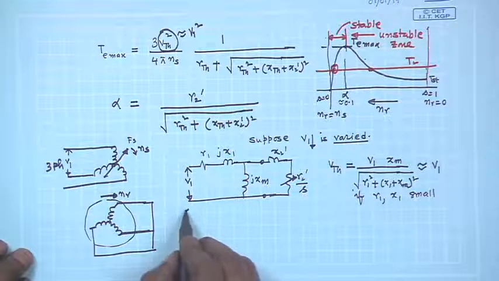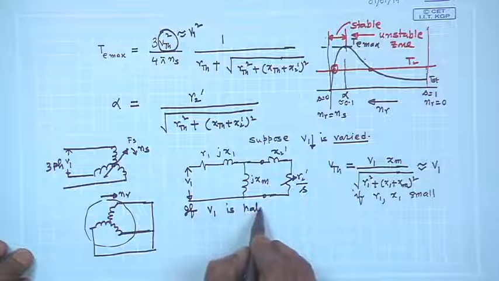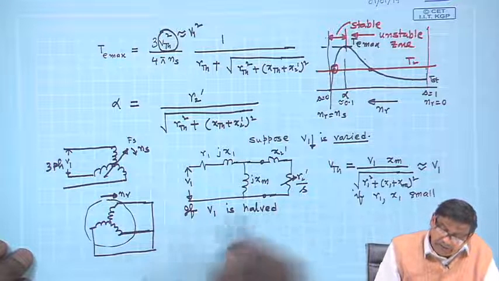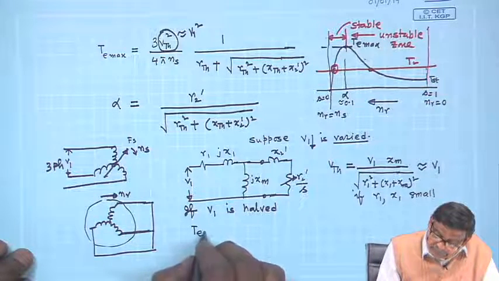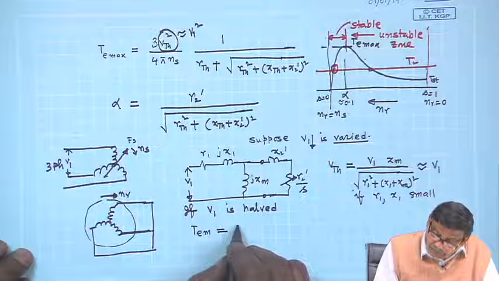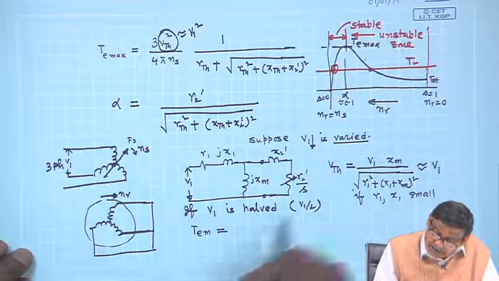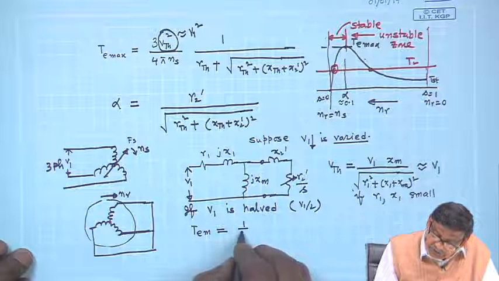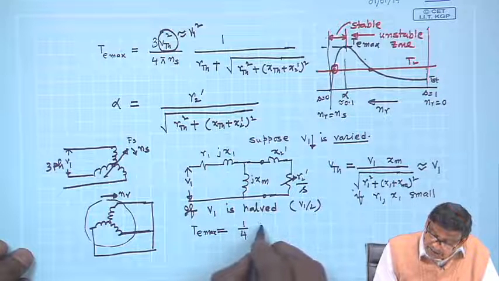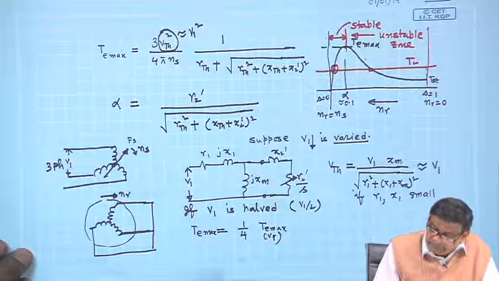Therefore, if V1 is halved, that is V1 by 2 you have made, then T max will become 1/4 of the T max when supply voltage was equal to V1.